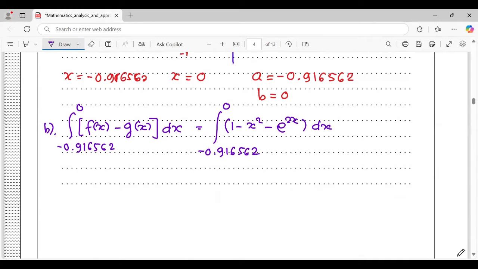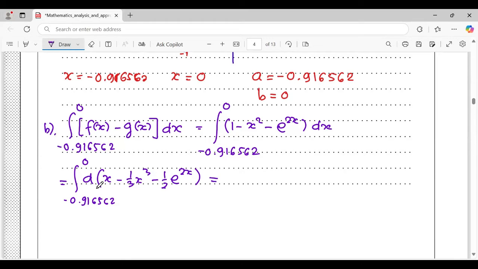First we have to find the integral of this function. The integral of this expression is x minus 1 over 3 x cubed minus half e power 2x.